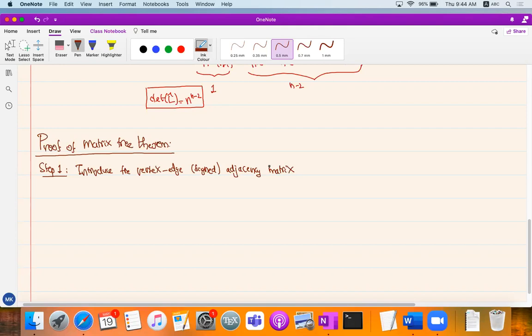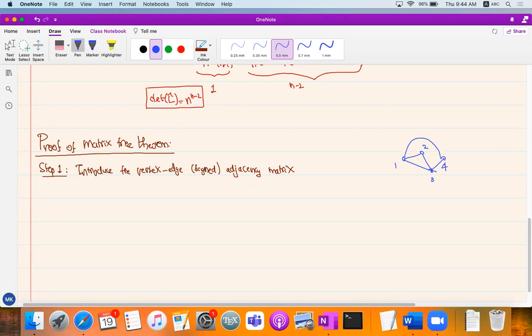I will say what I mean, but it's always, as usual, good to keep an example in mind. So let's have one graph here. What is the vertex edge signed adjacency matrix?